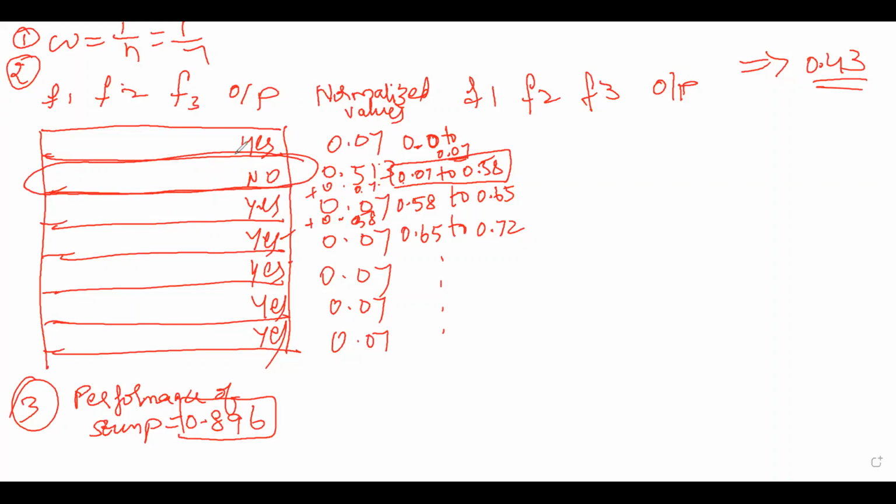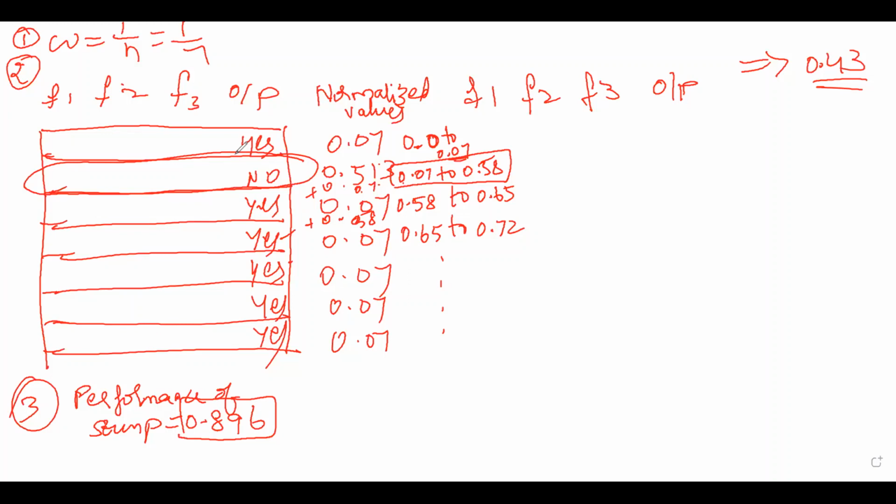which is classified by F1. F1 classified this record incorrectly. So 0.43 falls into the incorrect bucket, the incorrectly classified record, right? This iteration is done continuously for all 8 iterations.